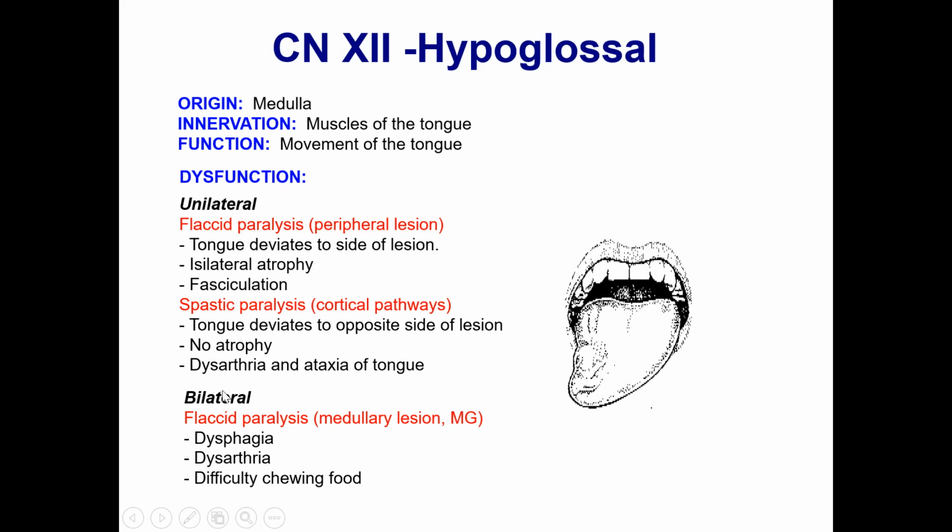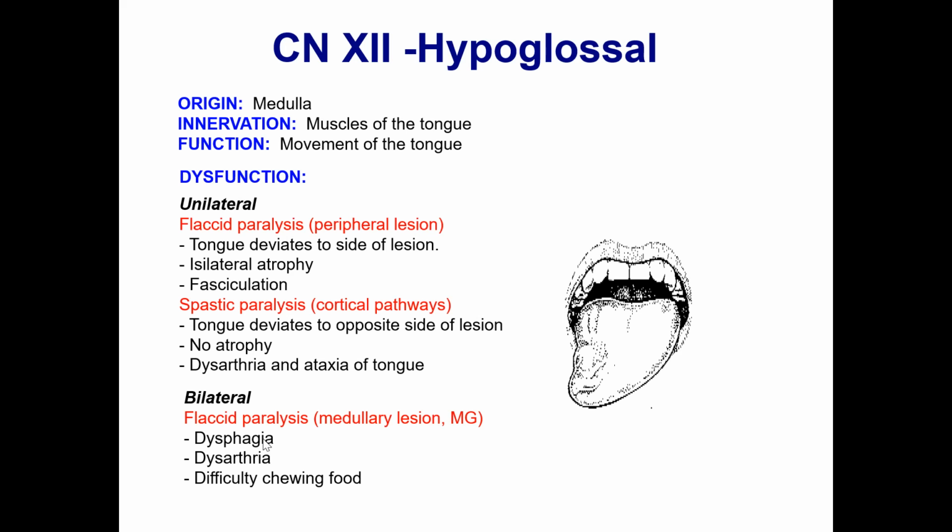Sometimes it is bilateral, for example, in medullary lesions and myasthenia gravis, and in such cases, you may find dysphagia, dysarthria, and difficulty chewing food. So this was all about this important topic.